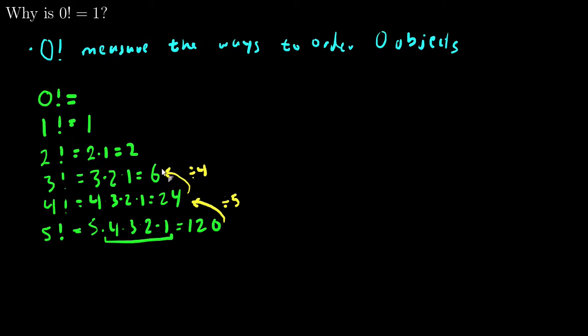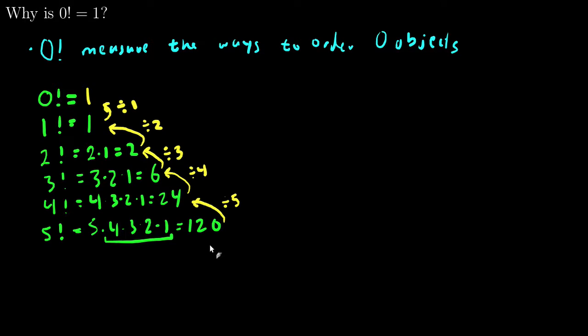To get from 3 factorial to 2 factorial, we divide by 3. 2 factorial to 1 factorial, we divided by 2. And now, to get from 1 factorial to 0 factorial, we'll divide by 1. You can see the pattern. And 1 divided by 1 is 1. So, based on this pattern, you can clearly see it makes more sense to make this 1 than it does to make it 0 if we're following this pattern.